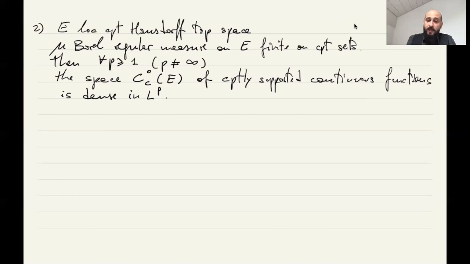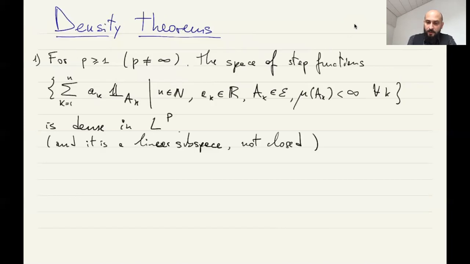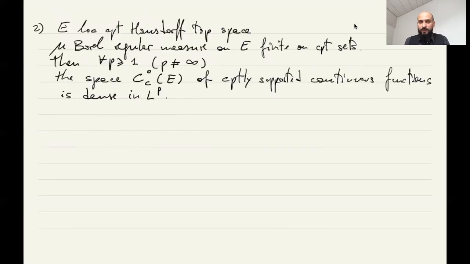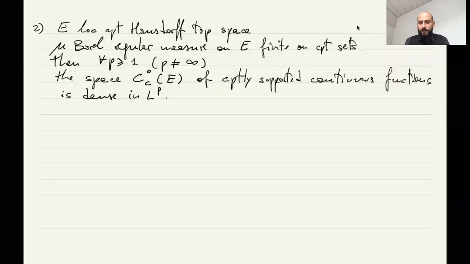And one can think of, for example, on R, if you have the function constantly equal to 1, this is of course, okay, no, we cannot take this because we required finite measure. Okay, let's see what could be an example showing that these two are not true for L infinity.